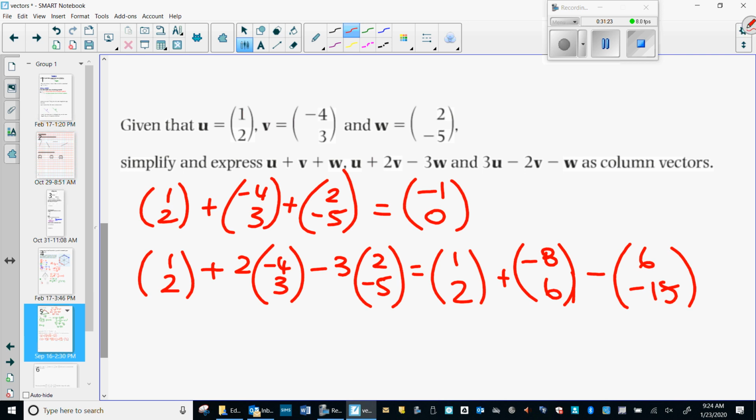It's positive 15. Oh no, I haven't done it. I have my negatives still there. All I've done is do the 3 lots of this and the 2 lots of this. My negative sign here is still there.